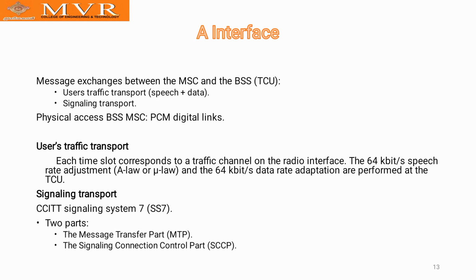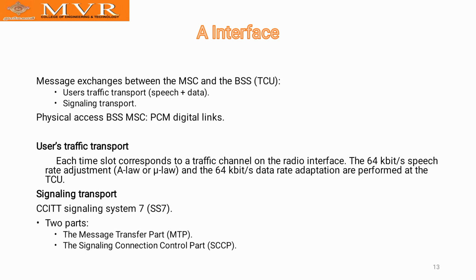What is meant by the A interface? In this A interface, messages are exchanged between the MSC and BSS. So it acts as an interface between the MSC and BSS. It is used for traffic transport, speech and data, and signaling transport, and the physical access of the BSS and MSC is through PCM digital links.